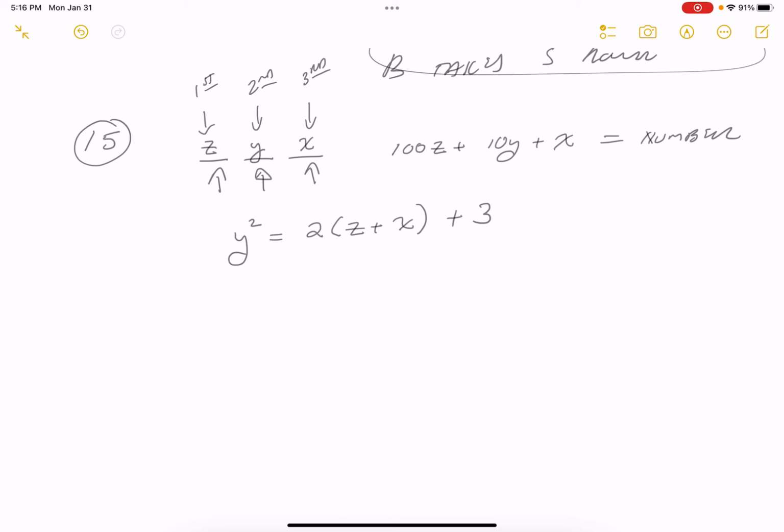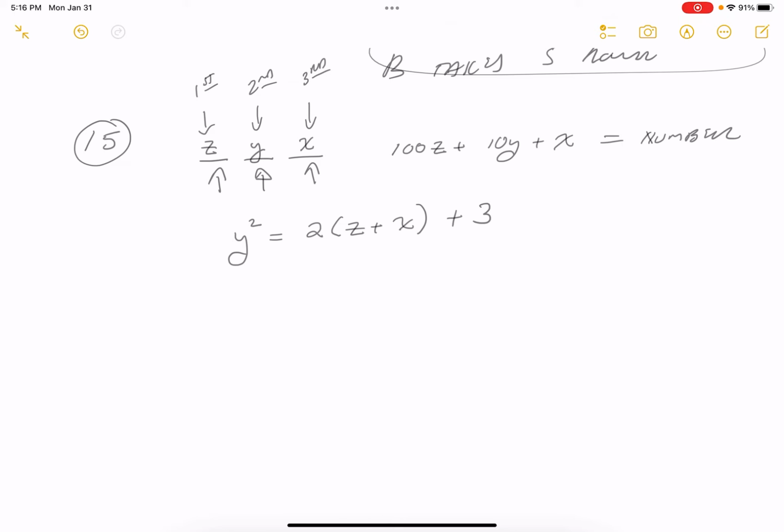Now I've got to move along in the question. It says the sum of the first and second digit exceeds, let me go back, I lost track of it. The square of the second digit of the 3-digit number exceeds twice the sum.